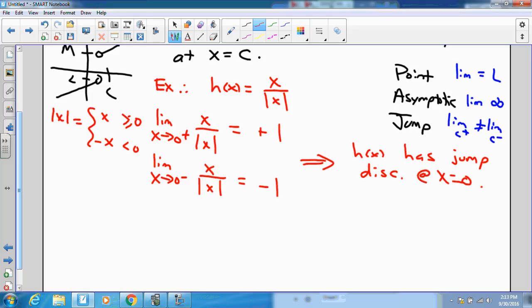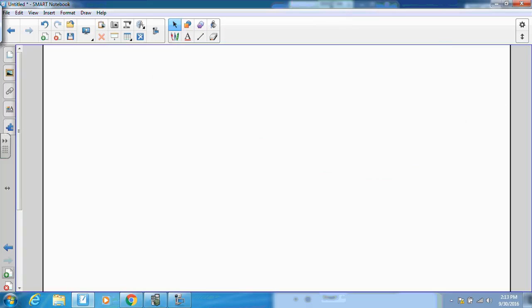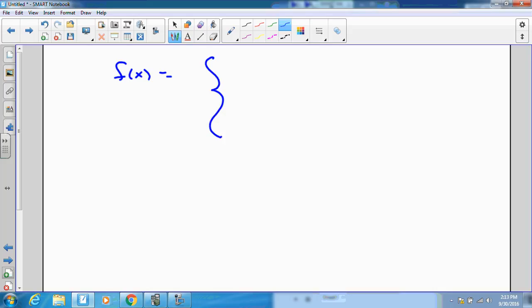Let me close off with an example of a piecewise function. Let's consider f of x is equal to x squared plus 1 for x greater than or equal to 2, and x minus 4 for x less than 2.